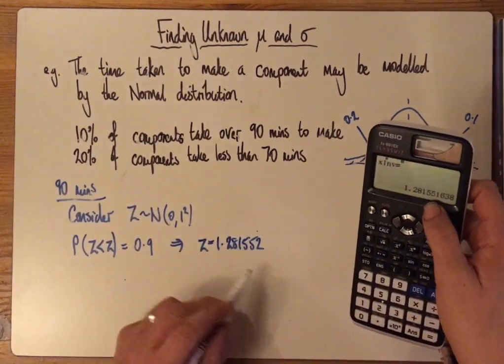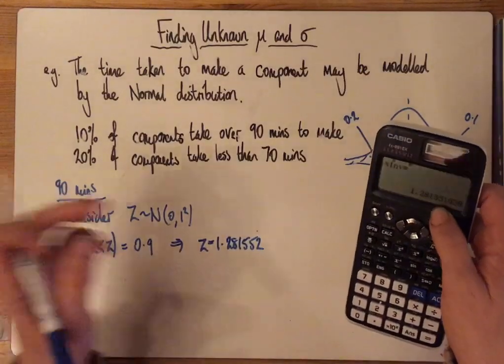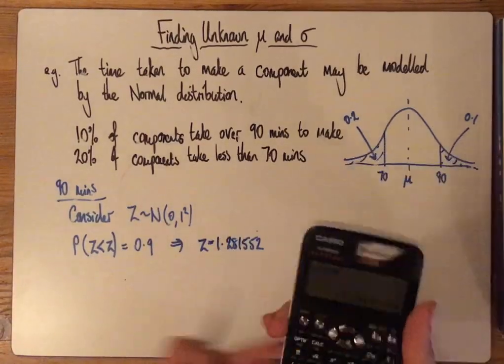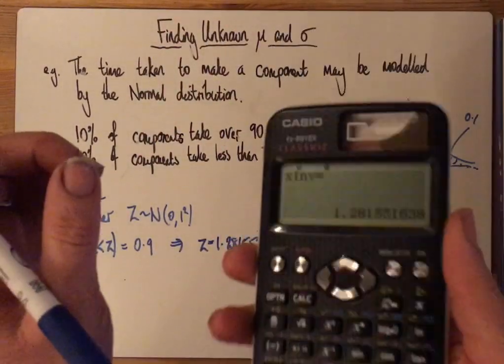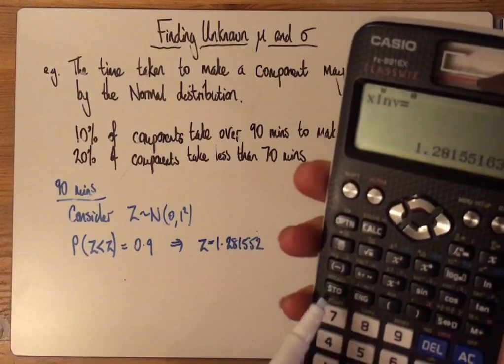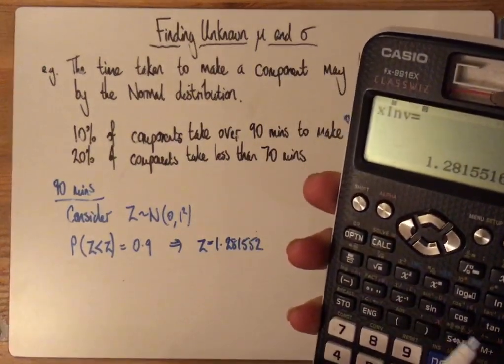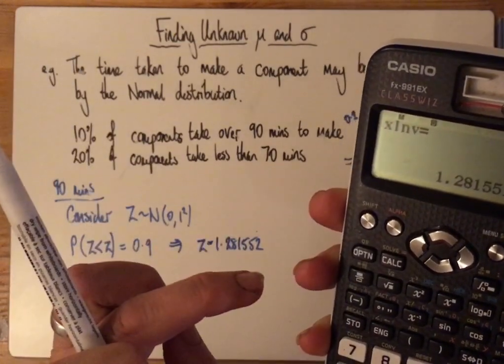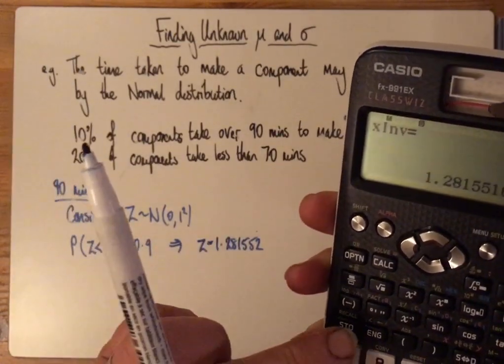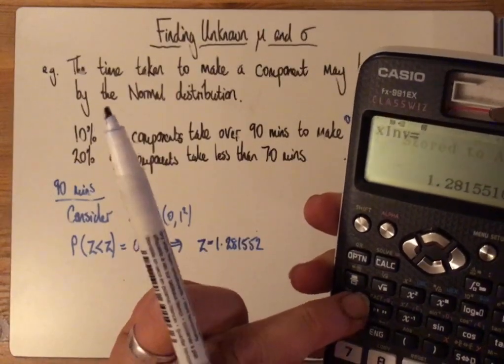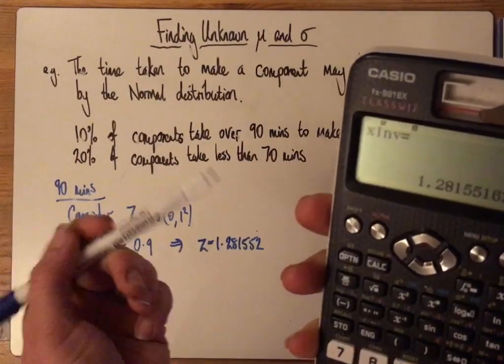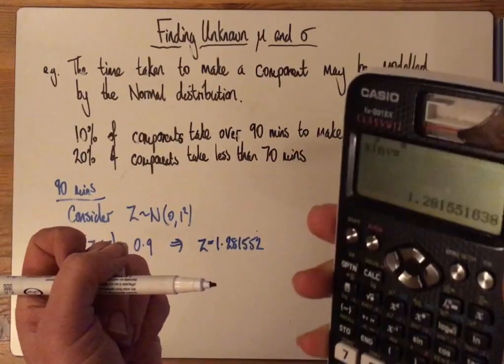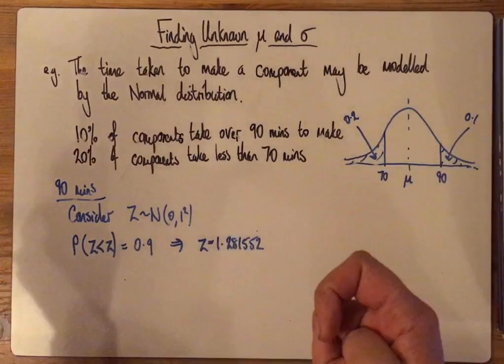I would just write that to 6 decimal places. You can store to X. You can also store to A, B, C, D, E, F in red along here. So you can press store A if you want, and then that's stored to A.